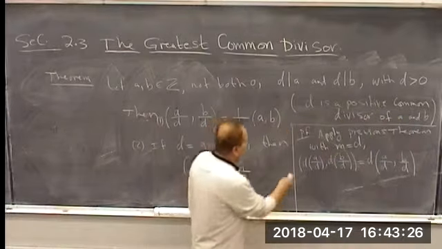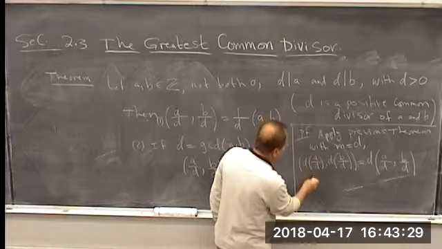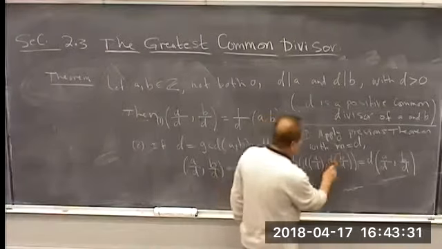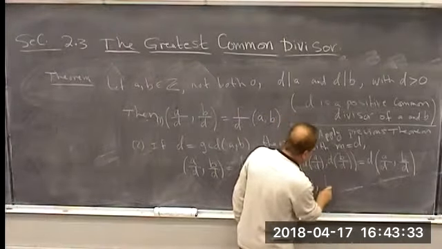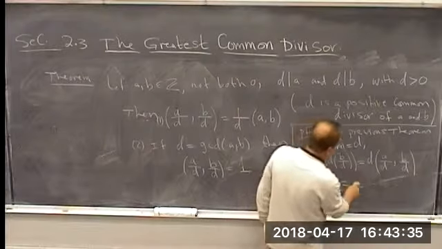But D times A over D is equal to A, and D times B over D is equal to B, and this is D times that.